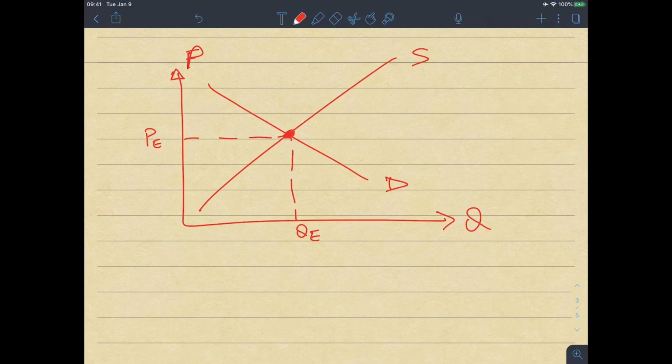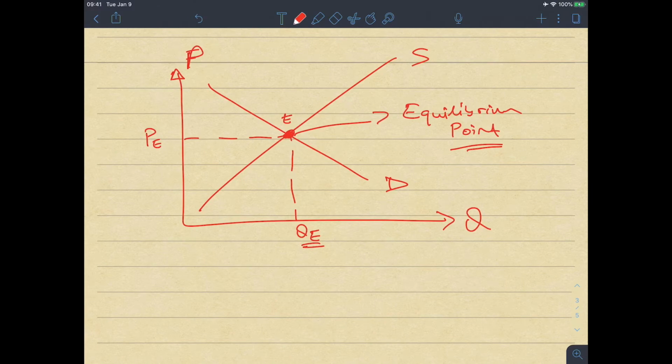And we generally denote that point as E because it is the equilibrium point. That's the equilibrium point or the market equilibrium, the same thing.